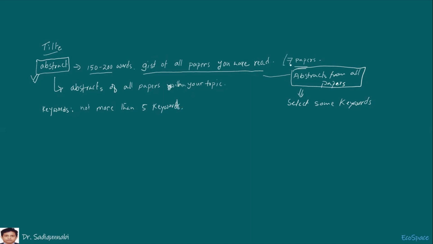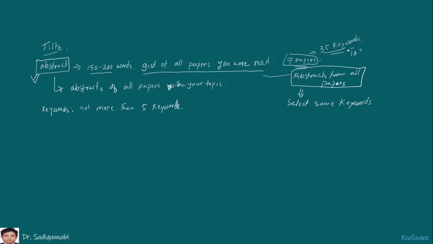Suppose you have 7 papers, so maybe you could have some 35 keywords. Okay, but these 35 keywords are maybe not related to your title. Maybe some 10 keywords may be related to your title.